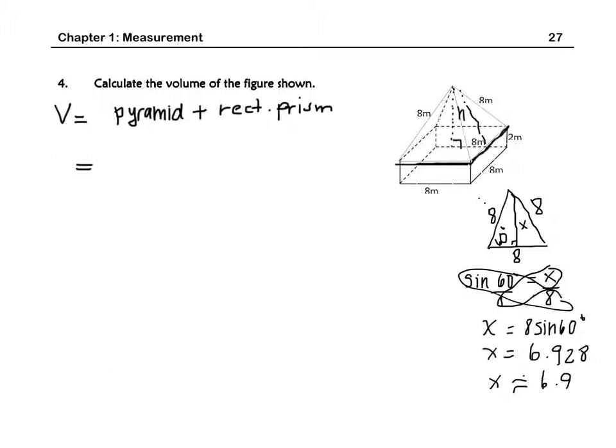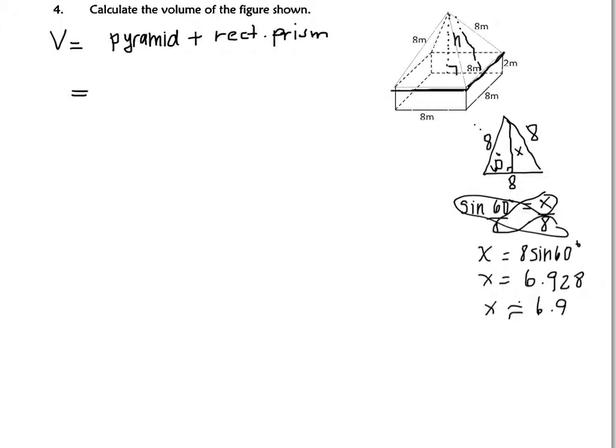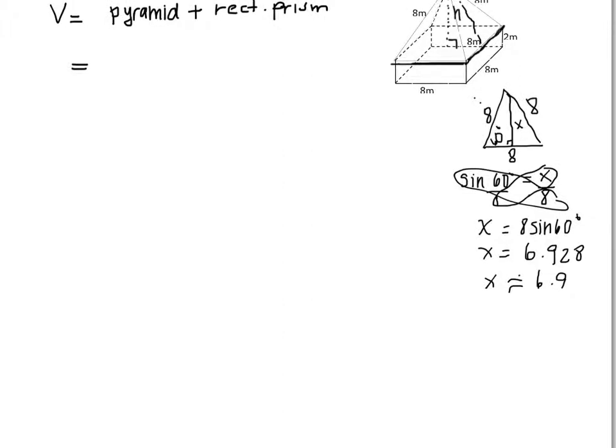So if we have 6.9 for the slant height, then we can get, this is quite a bit of work actually, then we'd have to use 6.9 squared, because now we can concentrate on this height of the pyramid, and this is 6.9, and this is 8, not 8, it would be 4, sorry, because we're 8 all the way across, so 4 there.